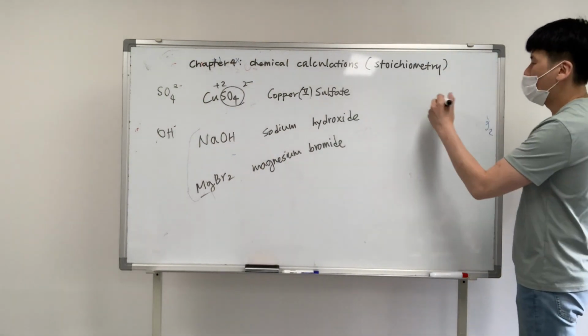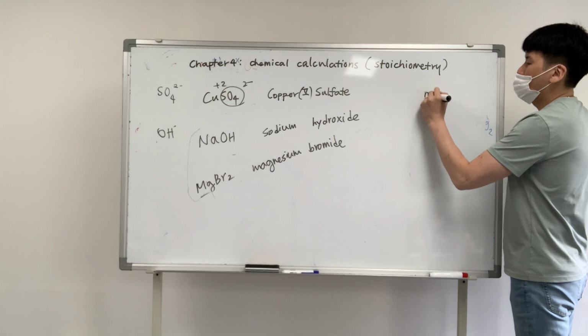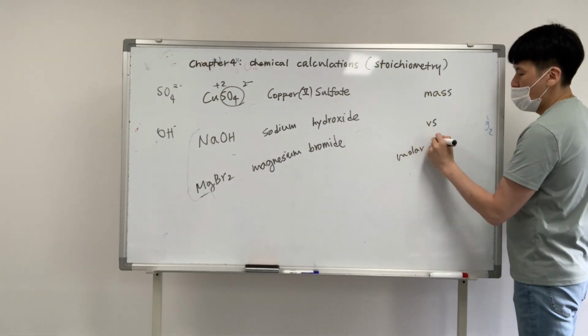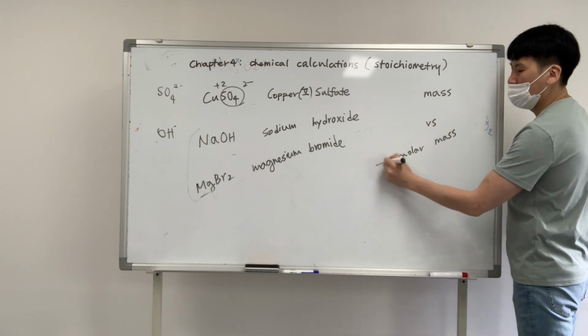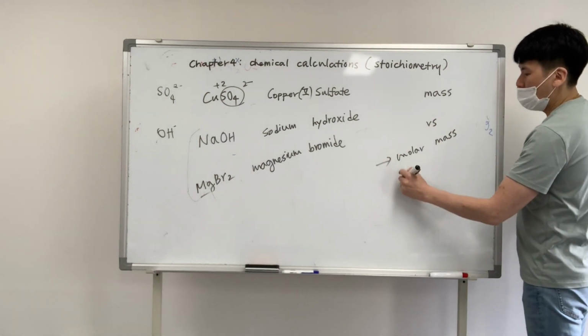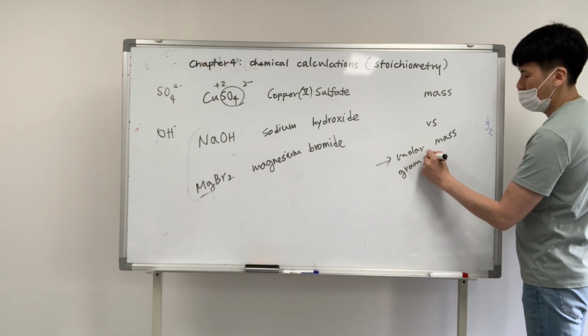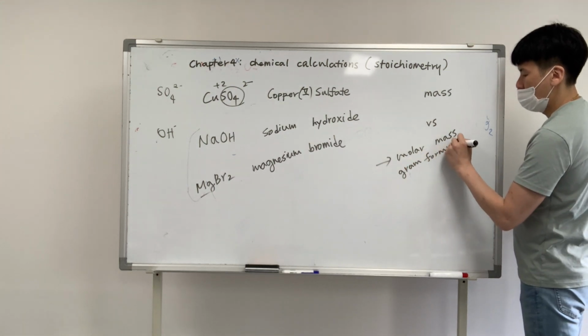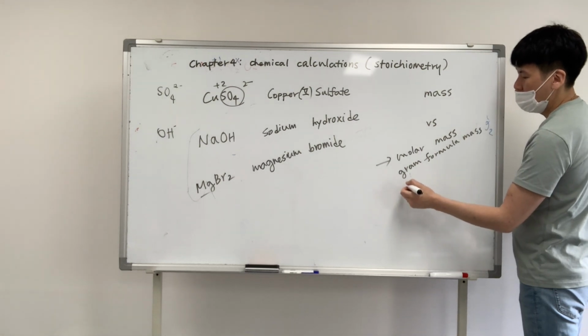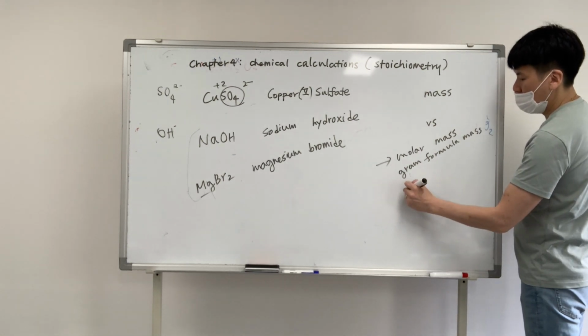However, again, in chem, mass versus molar mass, we use this term the most though, molar mass, okay? Gram formula mass. Also say molecular mass.